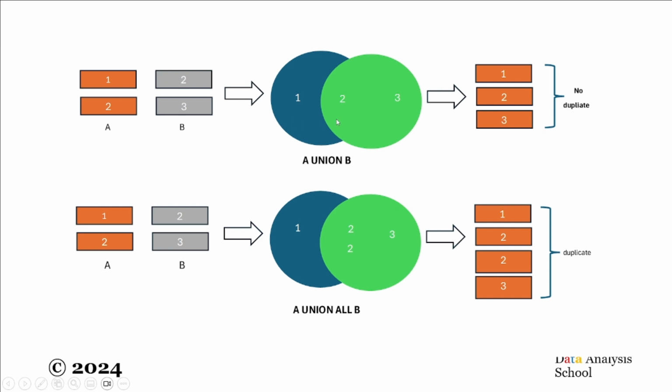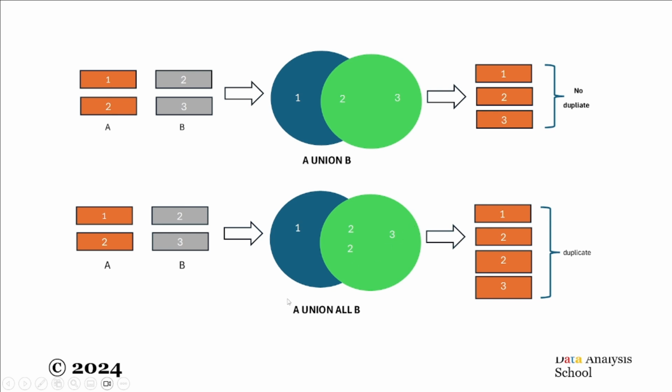So the following picture illustrates A union B. You can see from here that all the result sets between these two tables were returned. You can see there is no duplicate value, right?